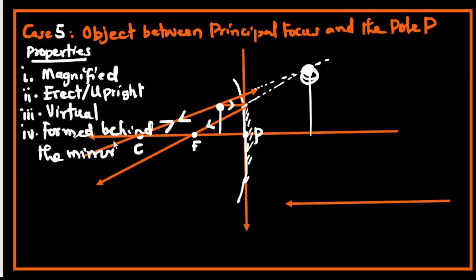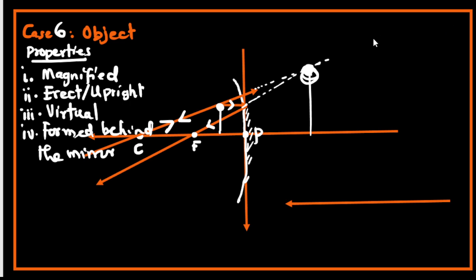Alright. So that's what we have. Then we have the last case, which is case 6. Case 6 is object at infinity.